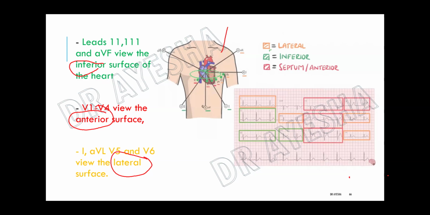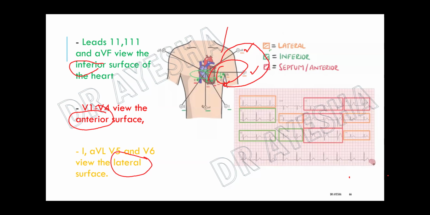So which leads are responsible for that? First talk about the lateral side, because the left ventricle is predominant. The most laterally placed leads are lead 1, AVL, V5 and V6.